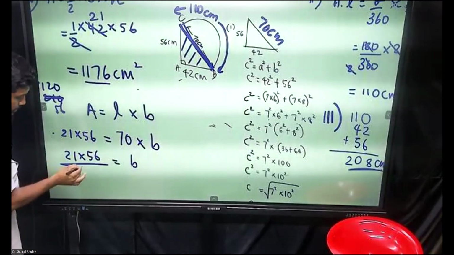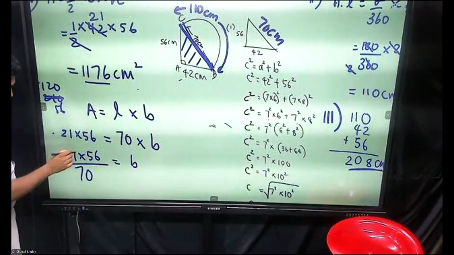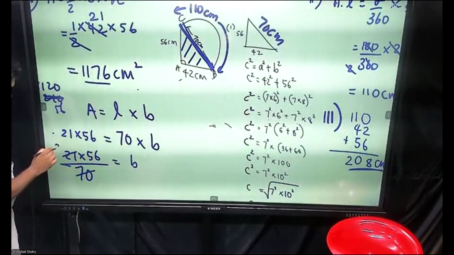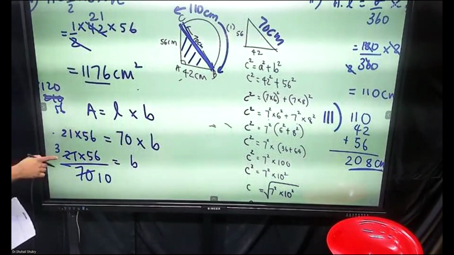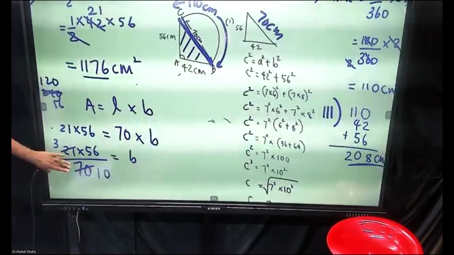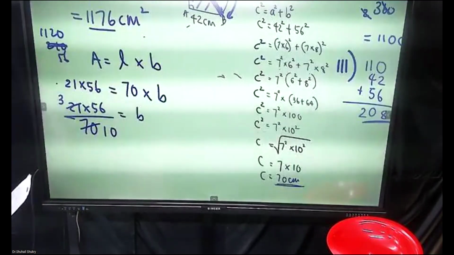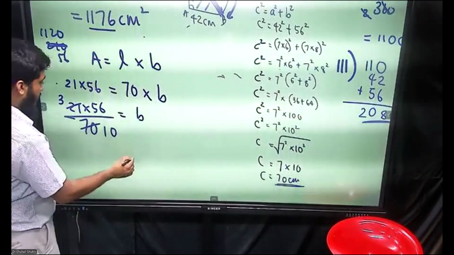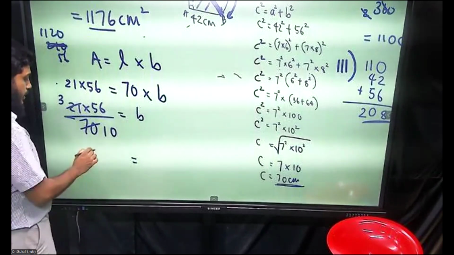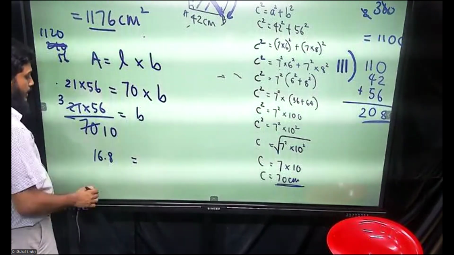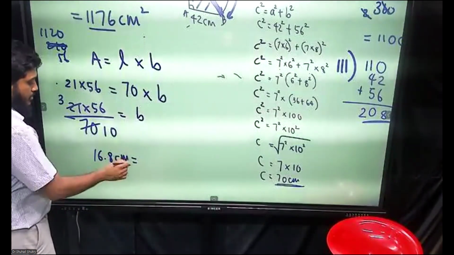Send the 70 to this side, divide by 70. Now simplify. These both are divisible by 7. Then this is 3, this is 10. 3 into 56 divided by 10. 3 into 56, how much? 3 into 6, 18. 3 into 5, 15. 168. 168 divided by 10 means 16.8 centimeters.